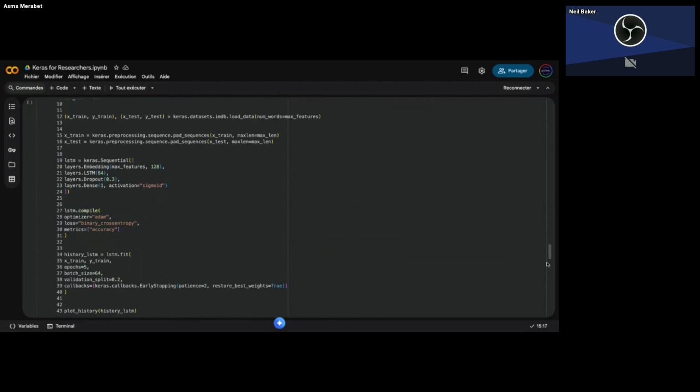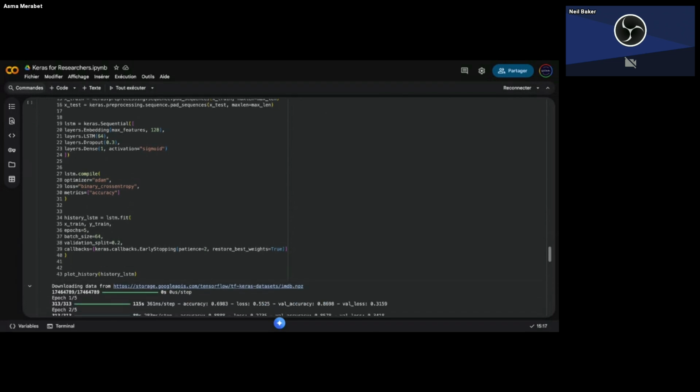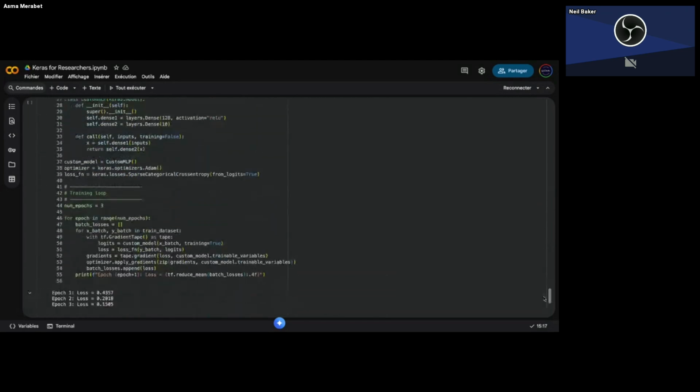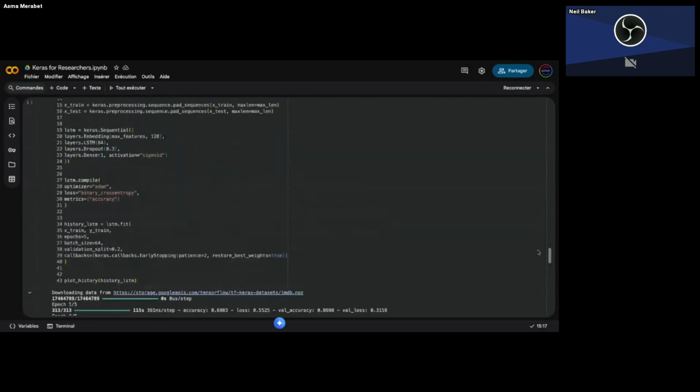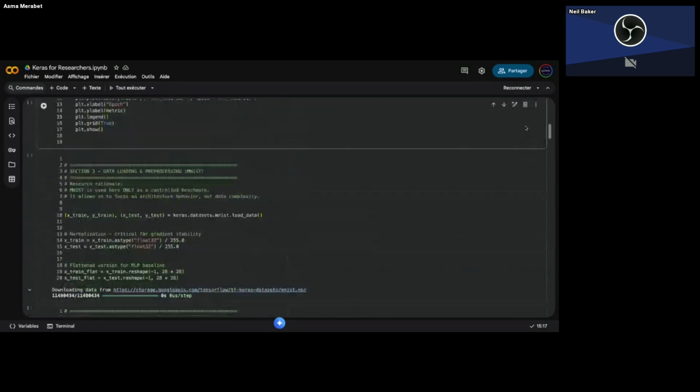Okay, so this demonstrates Keras flexibility: it's the same framework that can handle images, sequences, or other modalities. And in research, the ability to rapidly prototype across data types is really important. So that's what we need to do in research, and Keras makes it very easy. As you see, the code is very easy.